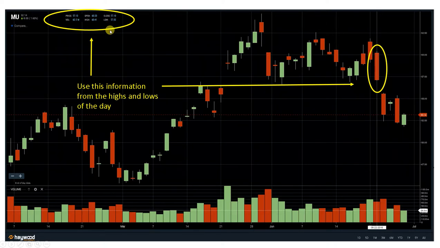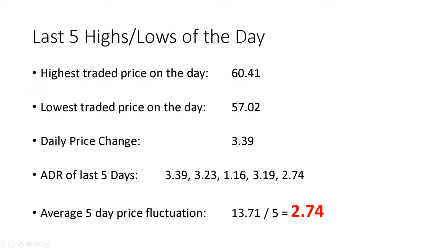So when we take this information, we will know the highest traded price and the lowest traded price is right here, and the total daily price change is $3.39.